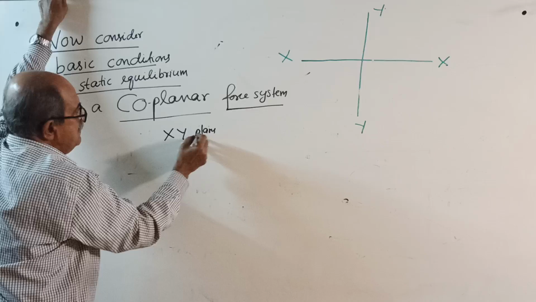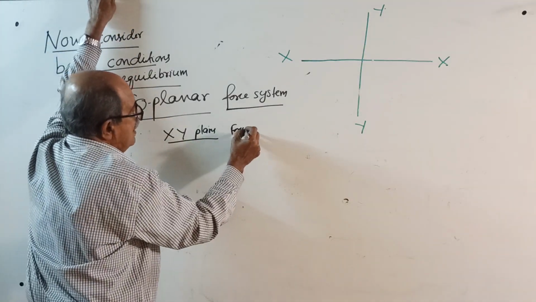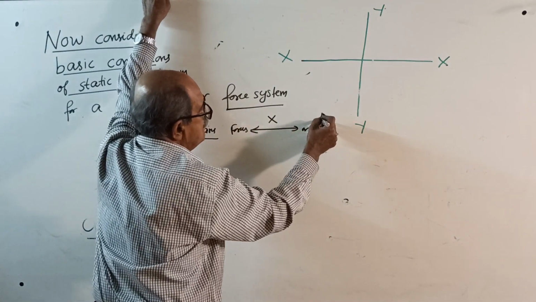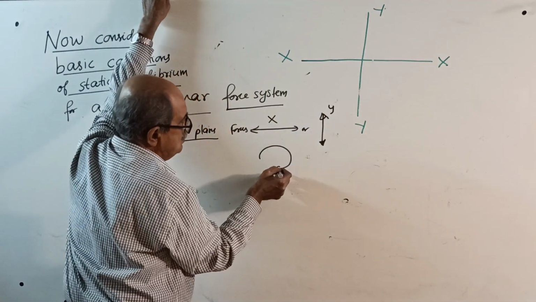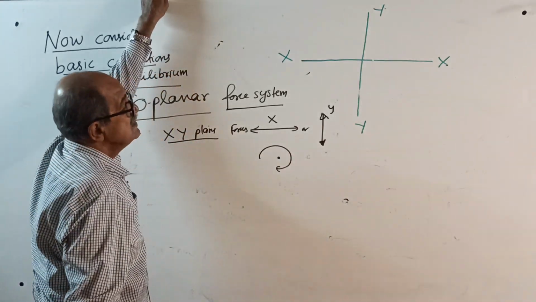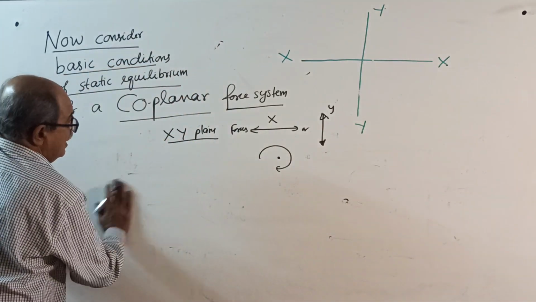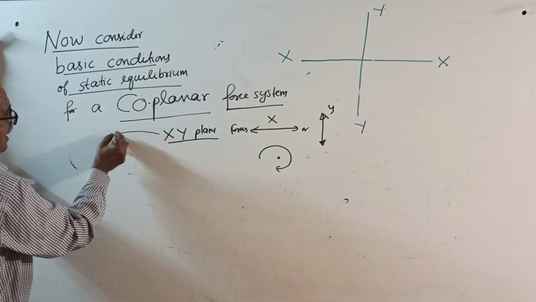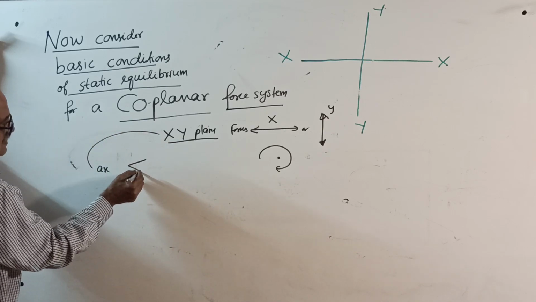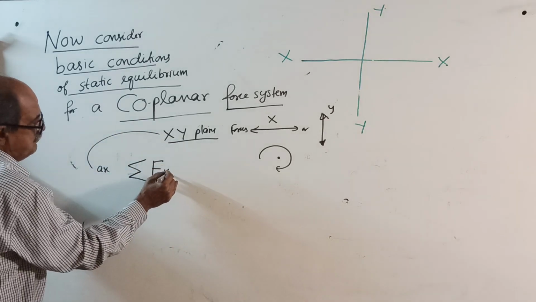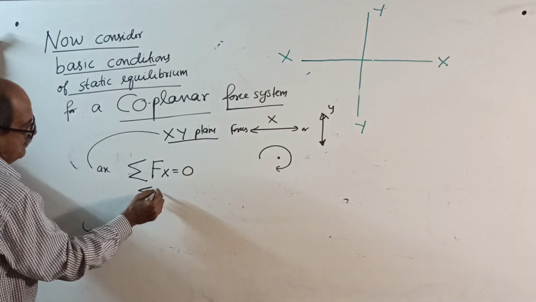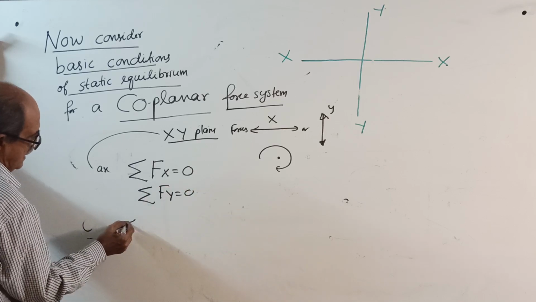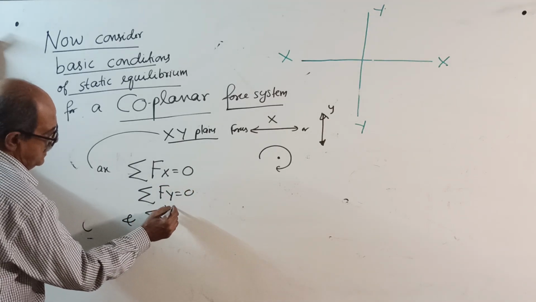XY plane means forces can be either along X or along Y, and moment will be about Z or about a point. Sufficient. Therefore, the conditions for a coplanar force system in XY plane are sigma Fx equal to 0, sigma Fy equal to 0, and sigma M equal to 0.